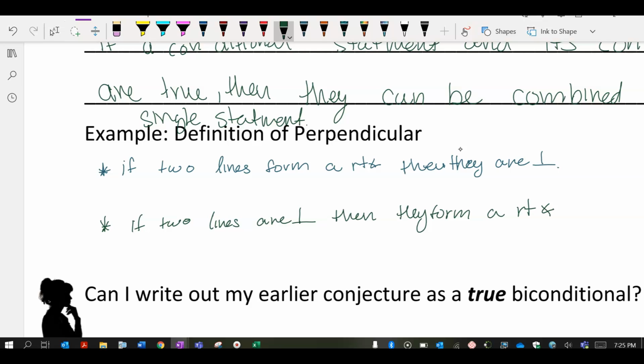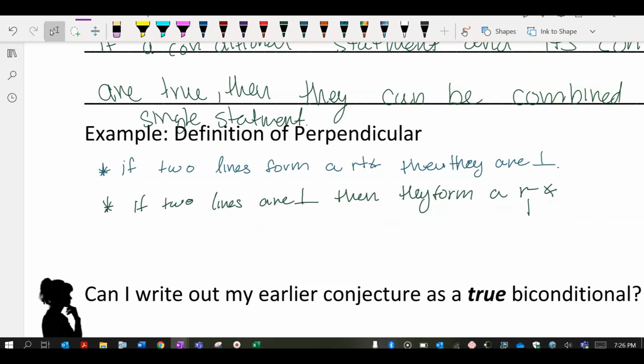Okay, so these two statements we know are true, right? If we have two lines that form a right angle, we can say that those two lines are perpendicular. If those two lines are perpendicular, they form a right angle.